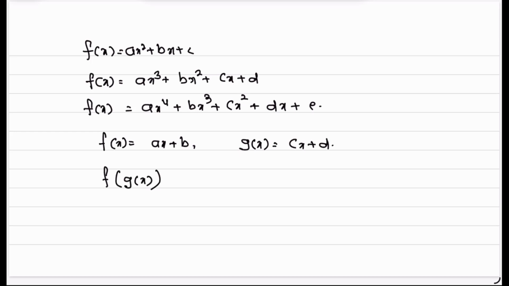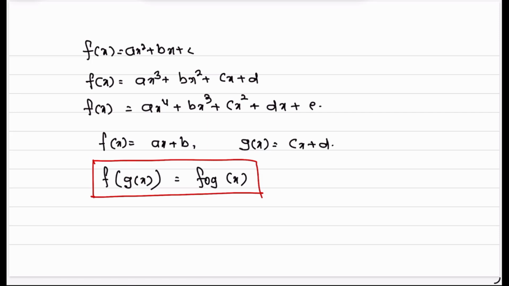F of gx, it is called f of gx. When there is a f of gx, then in function x, whatever x is there, that will be replaced by gx.